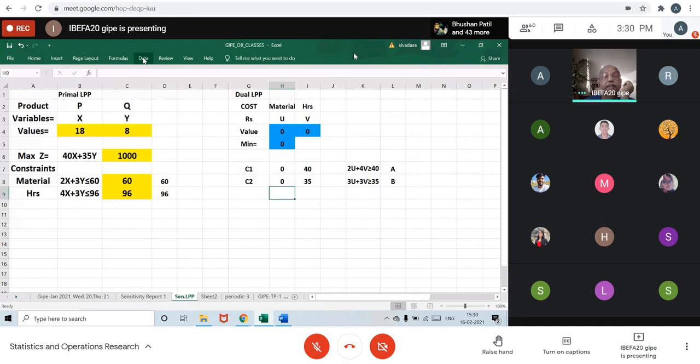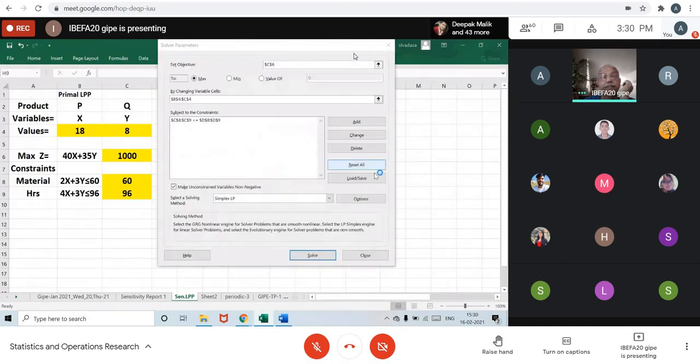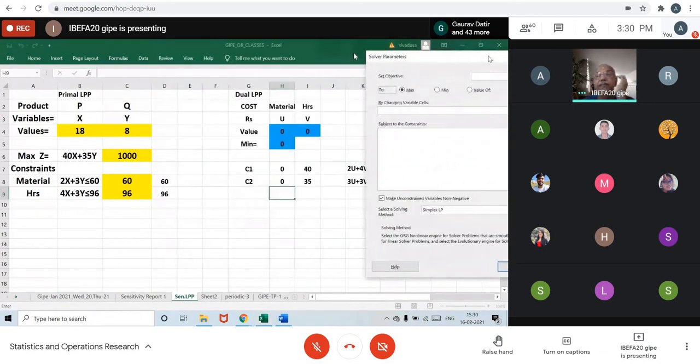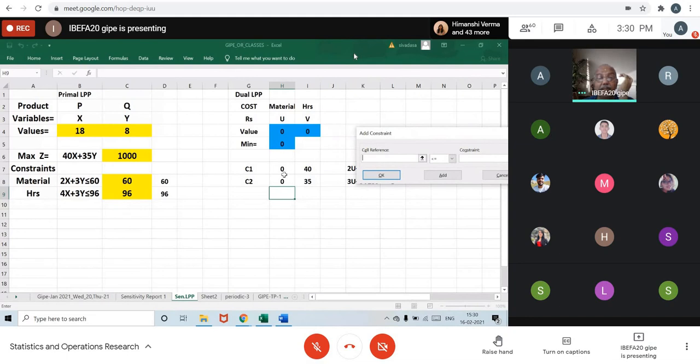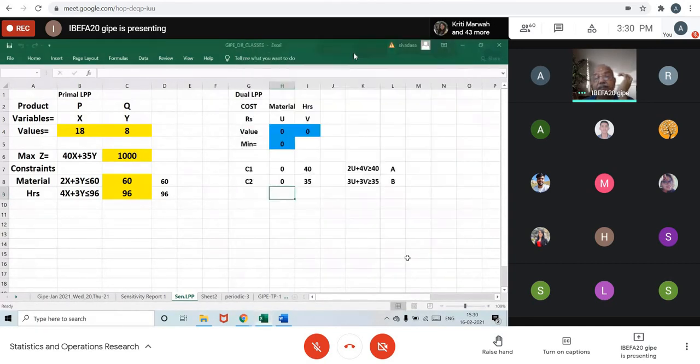Let us solve it. Oh, sorry. I have made errors in the constraints.